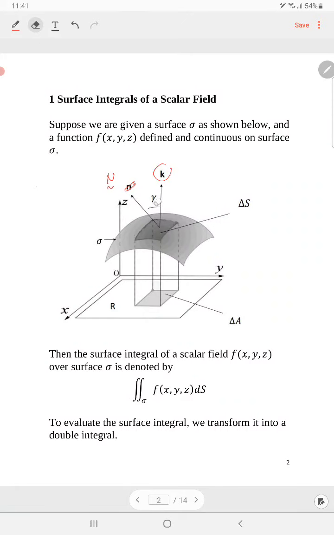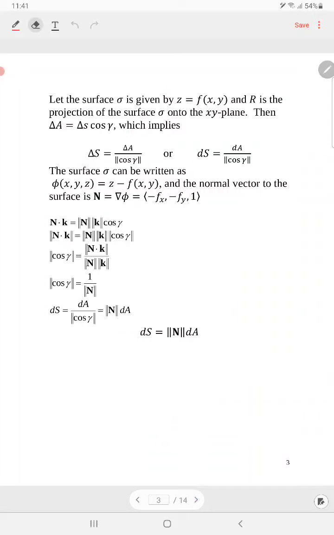Now let's look at the relationship between delta S and delta A. The relationship is governed by this equation: delta S is equal to delta A divided by the magnitude of cos gamma.